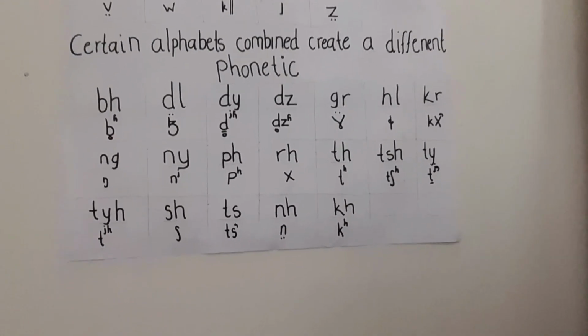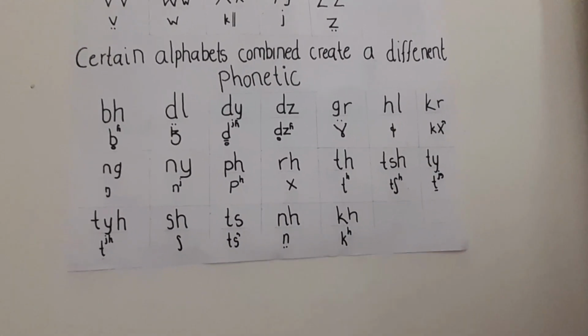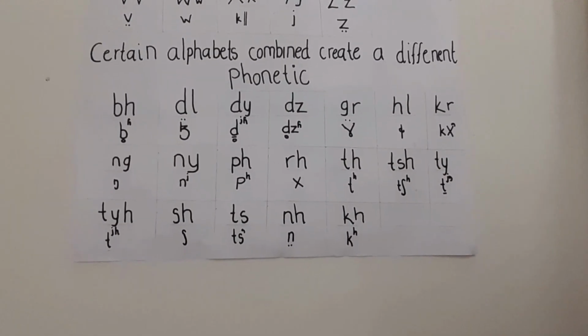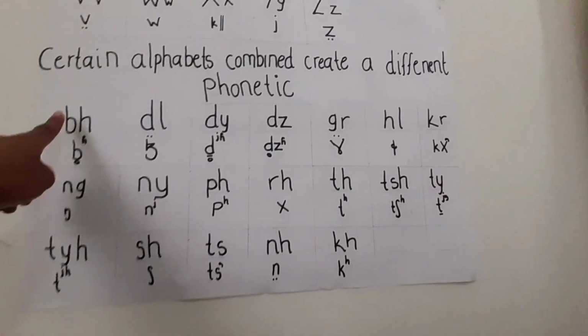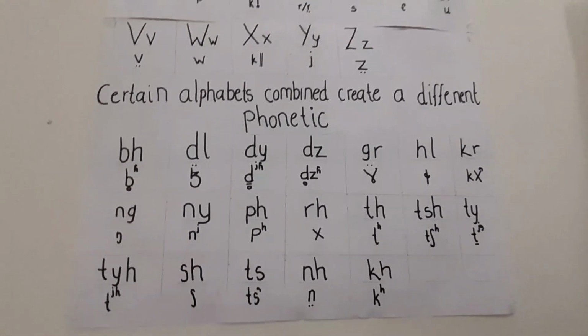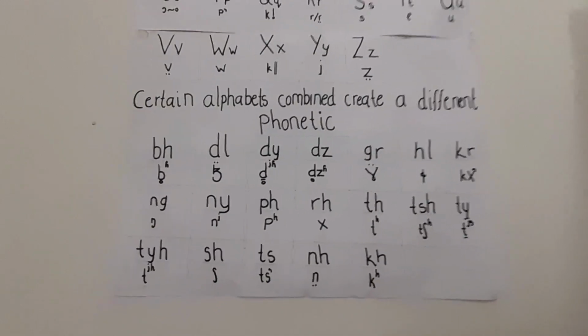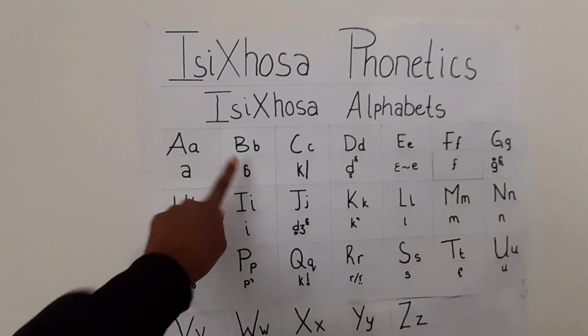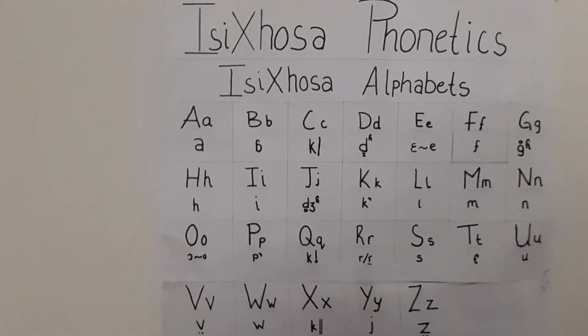So this is now certain alphabets combined that create a different phonetic. So the combination of, for example, the B and the H, that is the phonetic. And if we remember, the B, just this, is pronounced b, b, b, right?